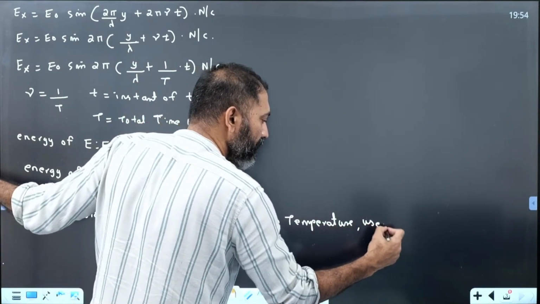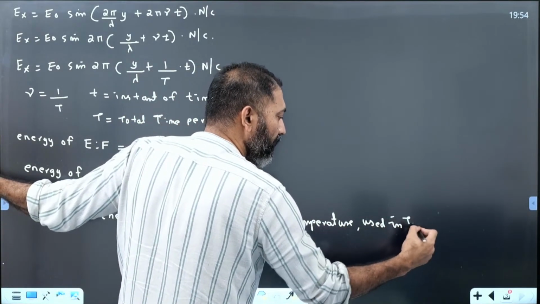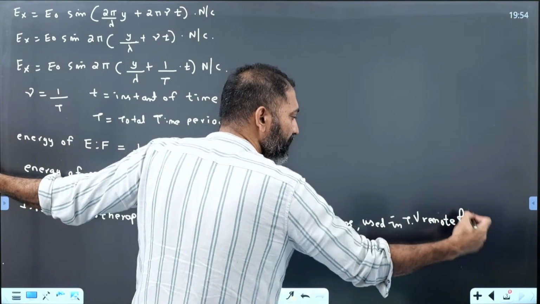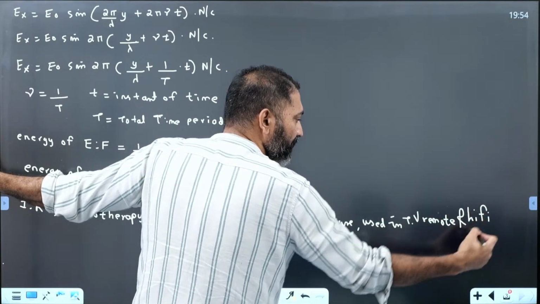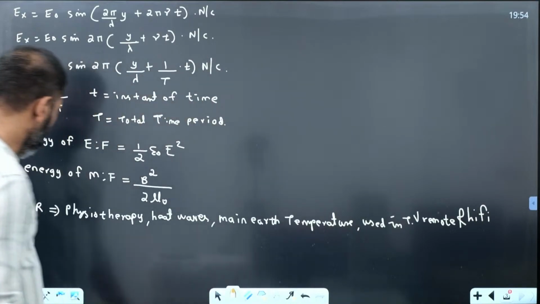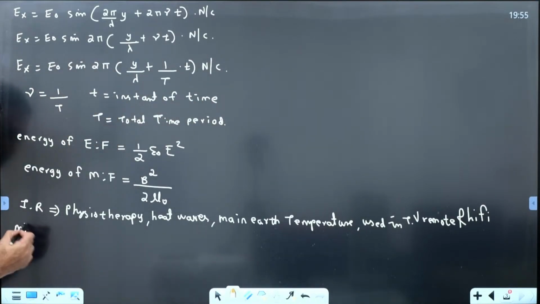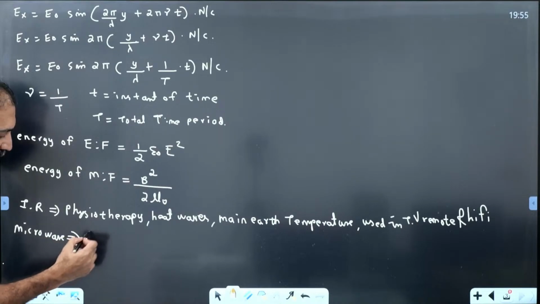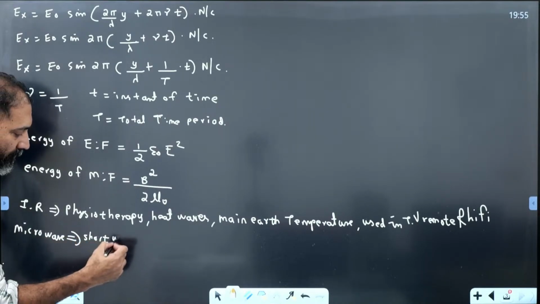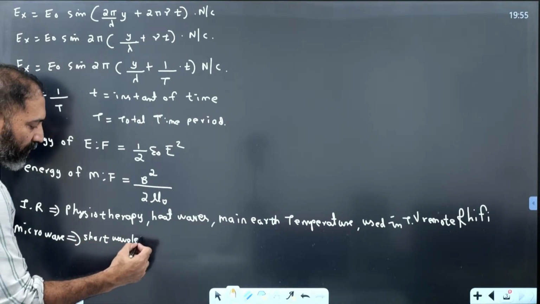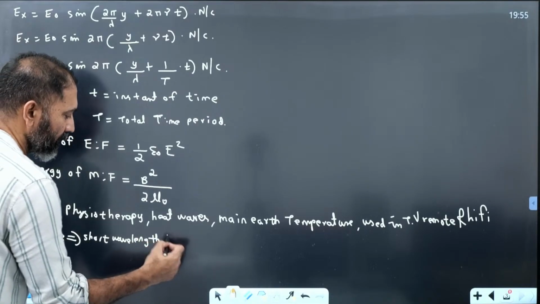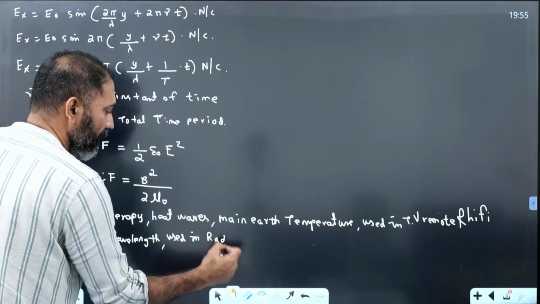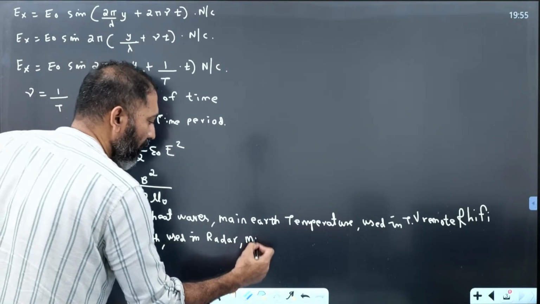Used in TV remote and hi-fi systems. Then microwave, short wavelength, used in radar that we saw yesterday, used in radar, microwave oven.